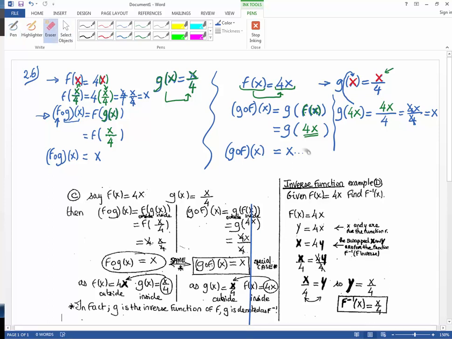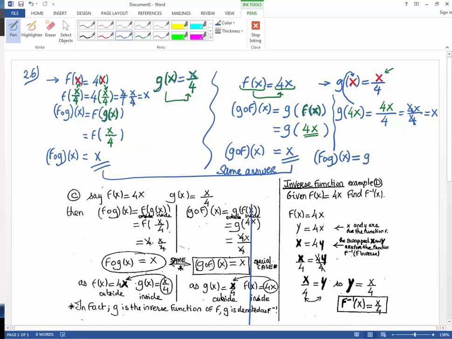So notice one thing, that in both of those problems, when we found fog of x and then we turned around and found gof of x, in both answers we got x, the same answer. And not just the same answer, it's x that we got. So we can say that f composed with g of x is equal to g composed with f of x, and both of those are worth x.